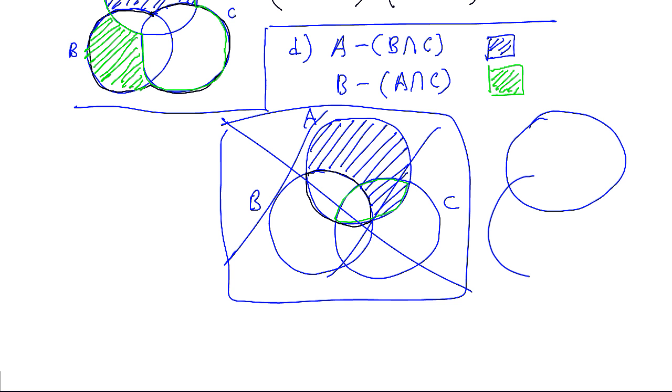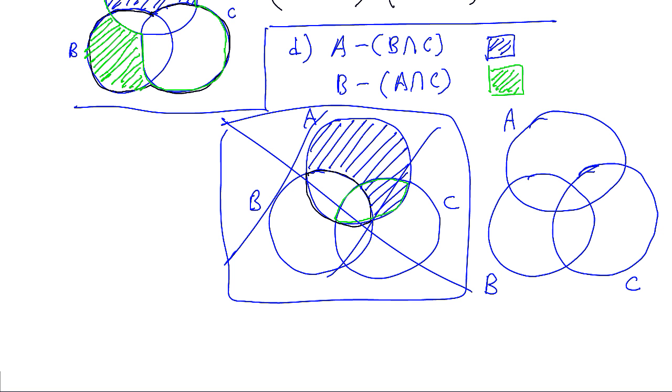Sorry about that. Very easy to make mistakes in these things, and half of the battle in a class like this is keeping track of what you're doing and also looking continuously to see if you've made a mistake, and also learning how to check your work. A minus (B intersect C). Here is B intersect C. It's this football-shaped region in black here.